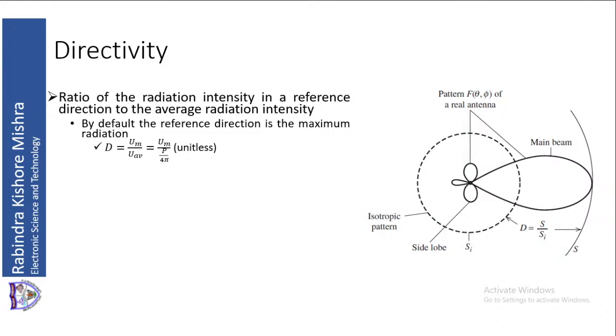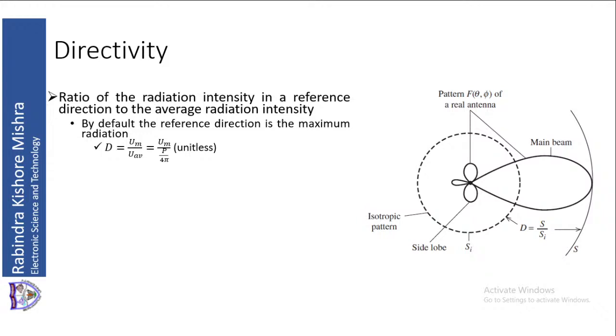Then find out the power intensity of the isotropic antenna, then divide these two intensities. So by default, the reference direction is the maximum direction. Directivity D is equal to UM by U average. And U average, we have seen, is P by 4 pi.